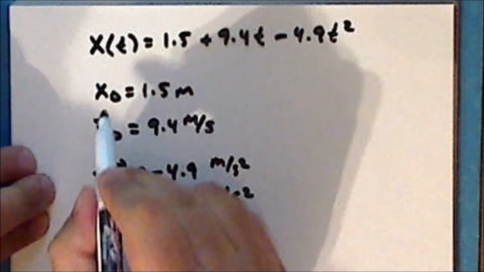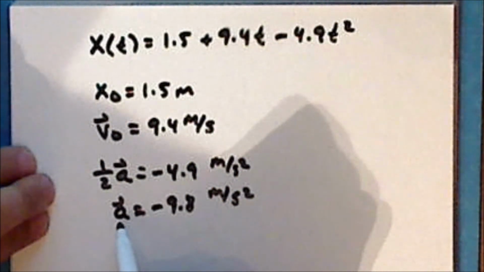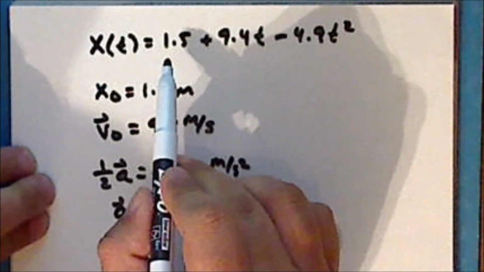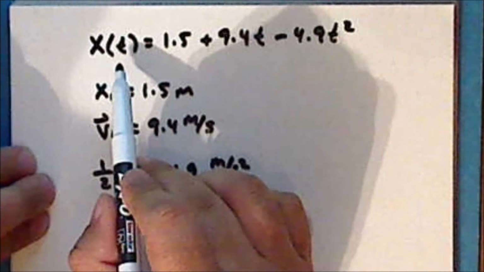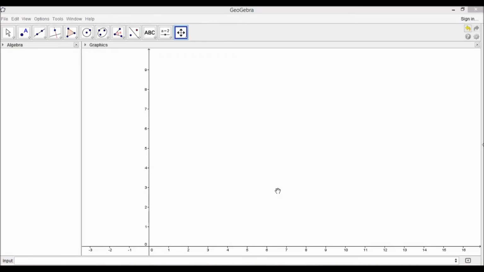Conversely, if we know the initial position, the initial velocity, and the constant acceleration for a particle, then we can immediately write its position function, and we can exactly predict its position at any given time t. So let's use GeoGebra to analyze the motion of this particle. We will call our position function r, and this is 1.5 plus 9.4 times x minus 4.9 times x squared.